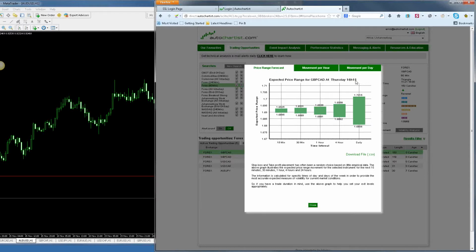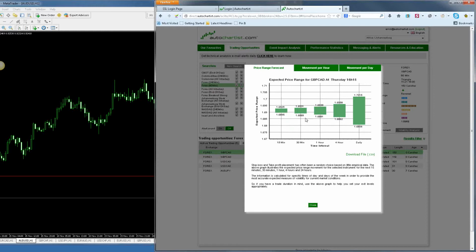It's 6 months worth of historical data where Autochartist looked back and saw that every Thursday for the past 6 months at 4:15, this is how much price moved. So historically, at 4:15 on Thursday, price moved this much in 15 minutes. You can expect it to move within that range.